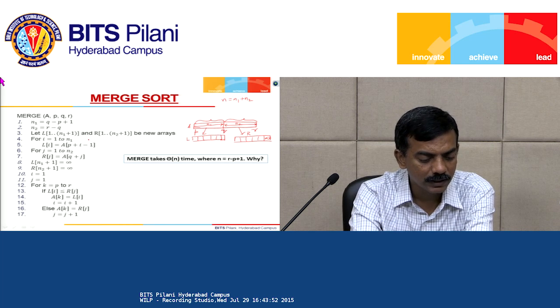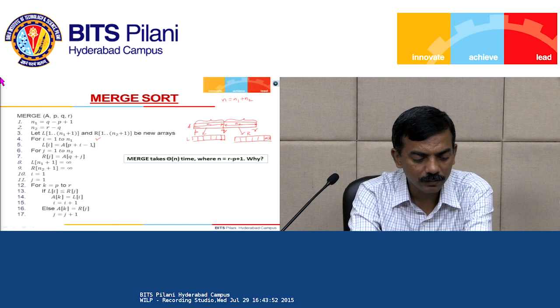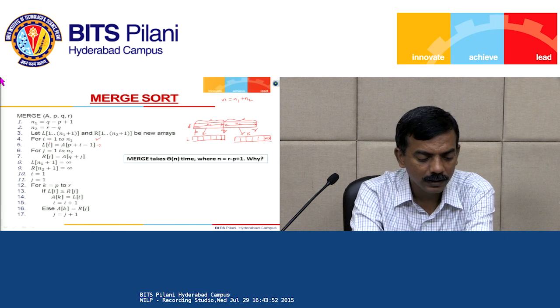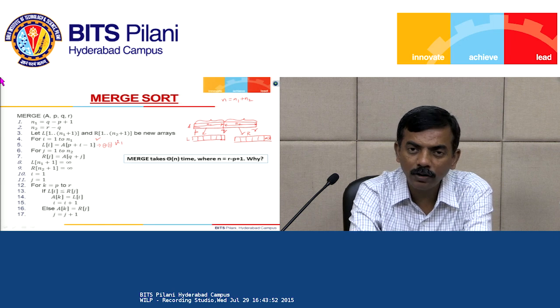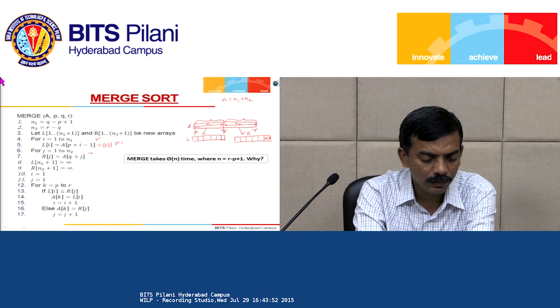In this for loop, I am going from 1 to n1 and I am simply doing a copying operation from A to L. Now this is a constant time operation, theta of 1, and since I am doing it n1 times, I will do n1 operations. This one will have n2 operations, because each of these operations is constant time.